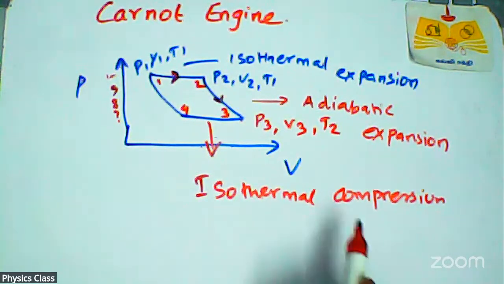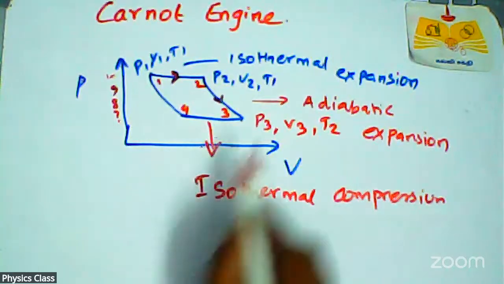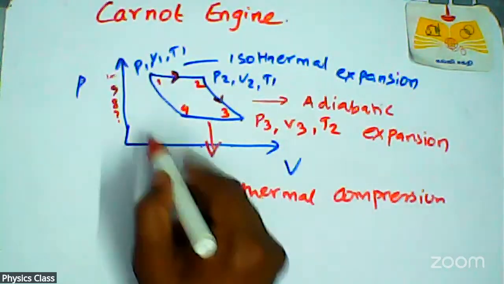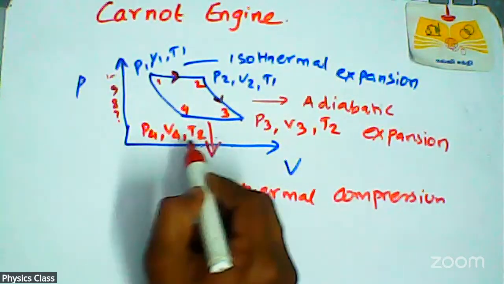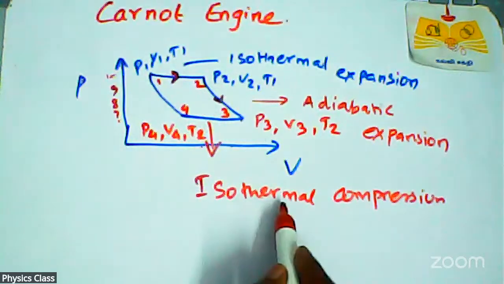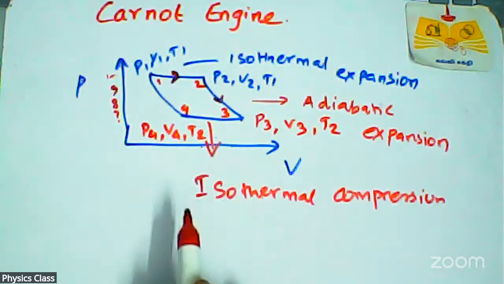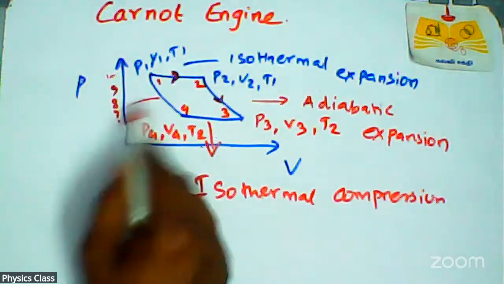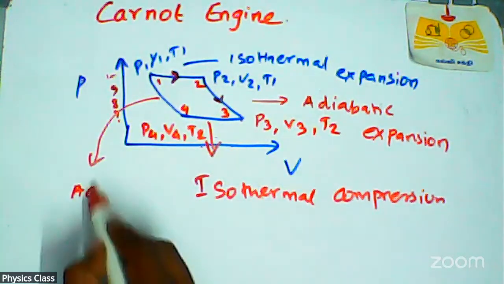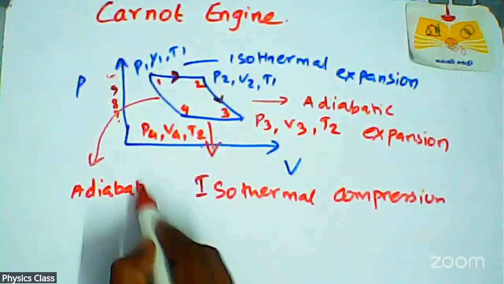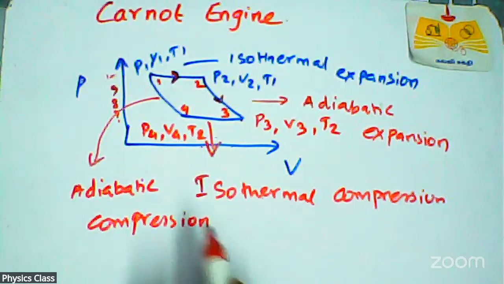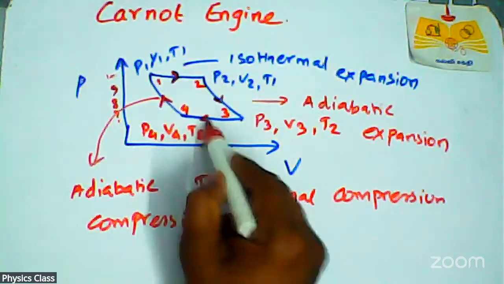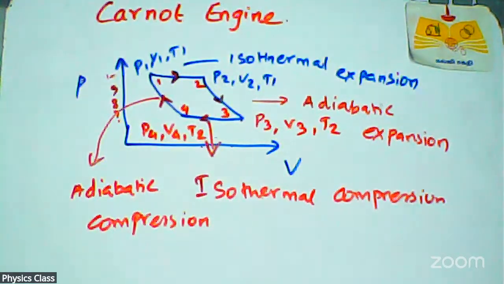So in our isothermal compression, P3 V3 T2 converts into P4 V4 T2. Temperature stays the same because it is isothermal, but the pressure and volume change. And the final process is adiabatic compression, which takes the process back to the first stage.